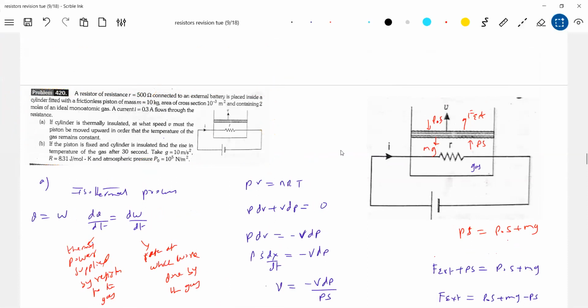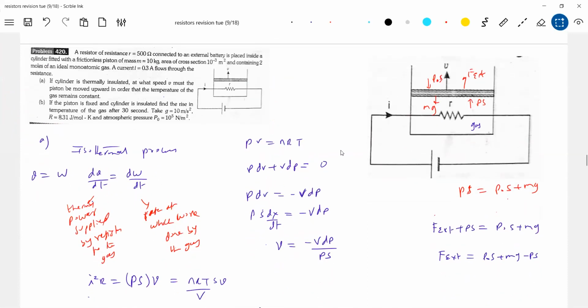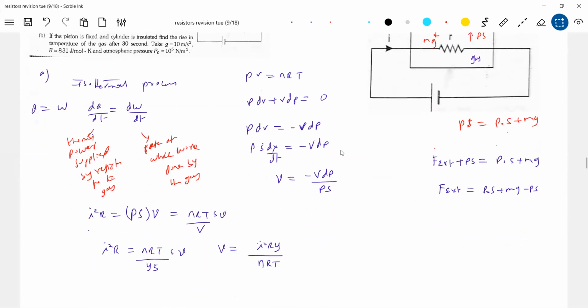Okay, let me just discuss the concept. The expression for speed will depend on that; this y is at any time t.